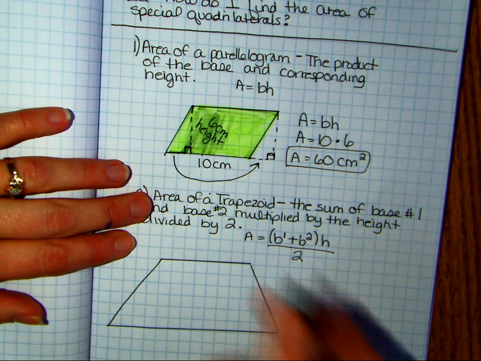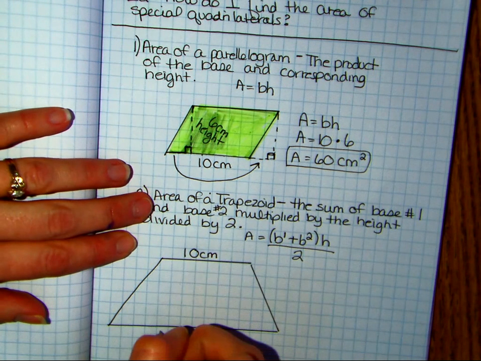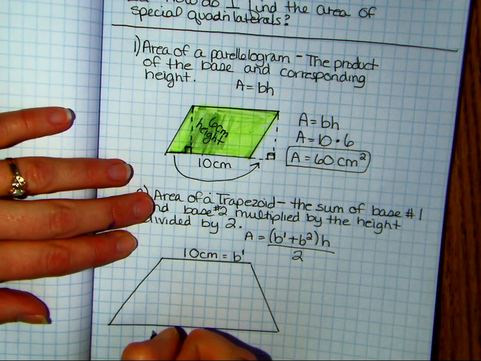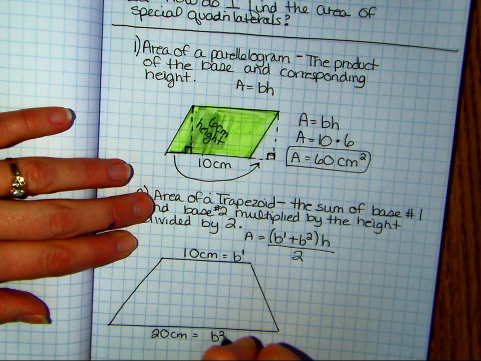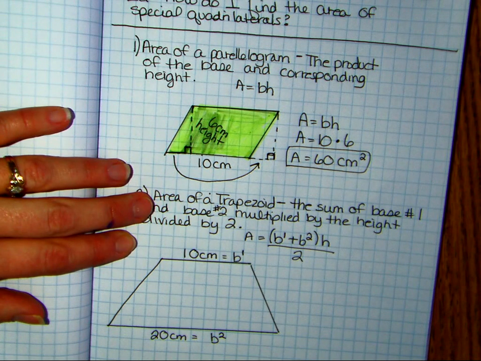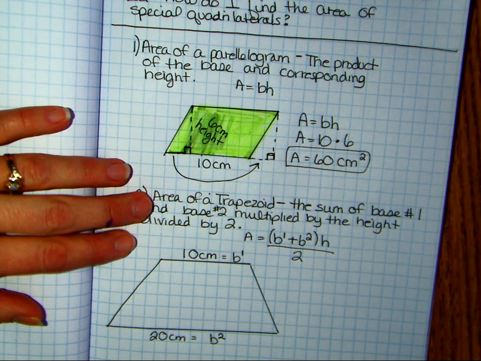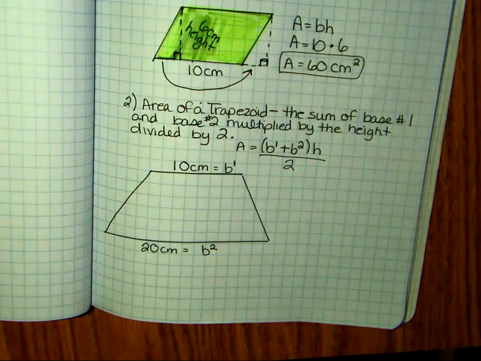Okay, so this is going to be 10 centimeters. This is going to be base 1. This is going to be 20 centimeters, and it's going to be considered base 2. The final piece that I need in order to use the formula is a height.